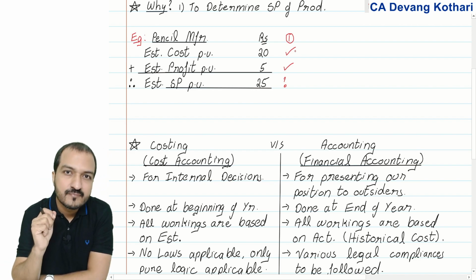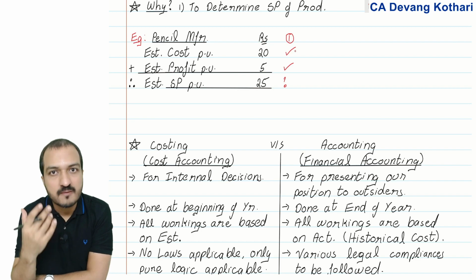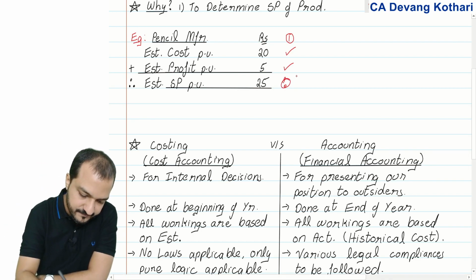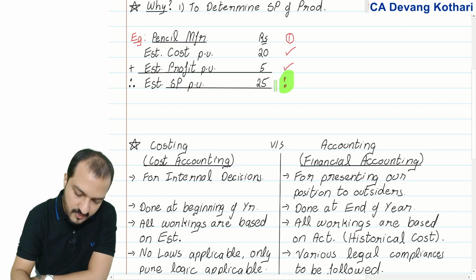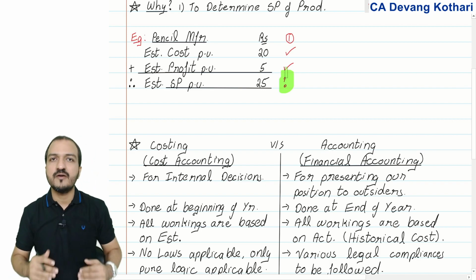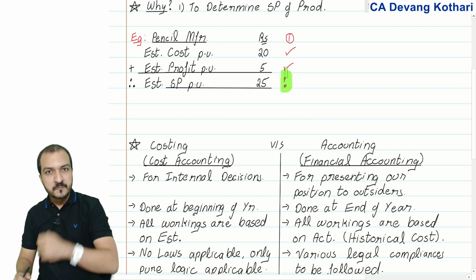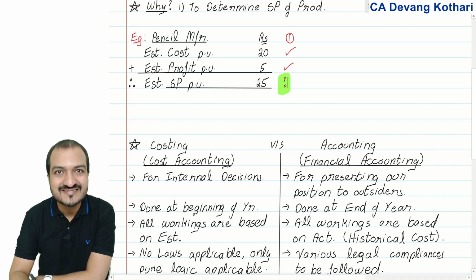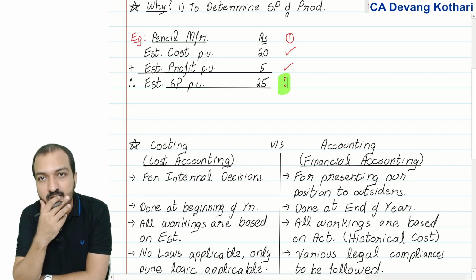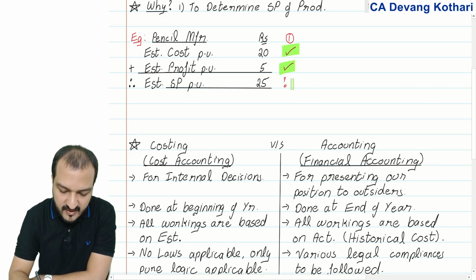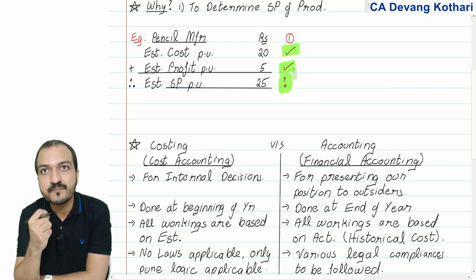But tell me, is it always possible that I have the liberty to decide my own selling price? You decide the selling price by adding profit to your cost, but does it mean customer will pay that price? Not necessary.